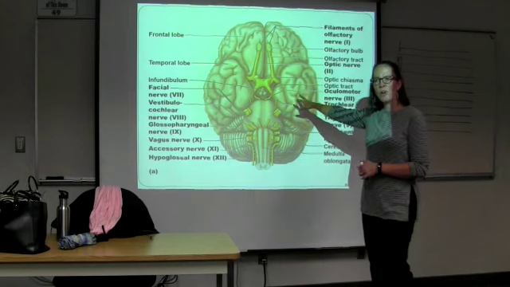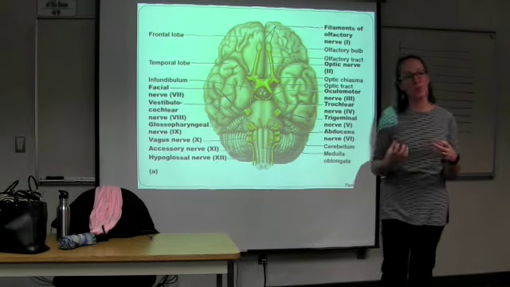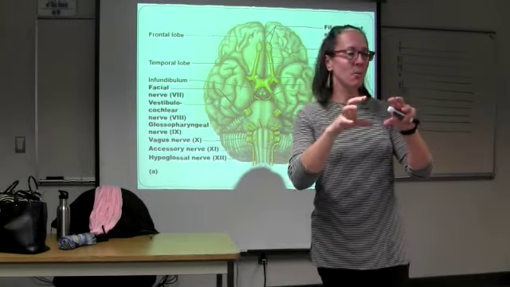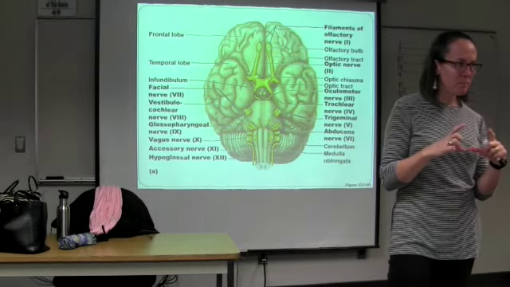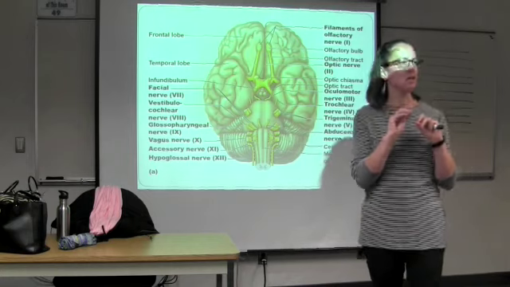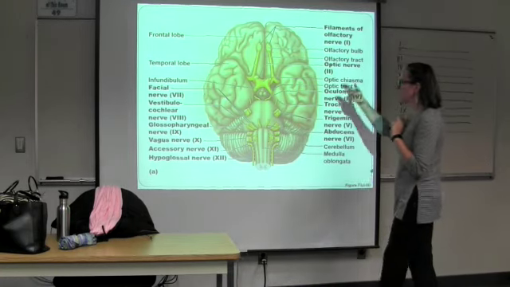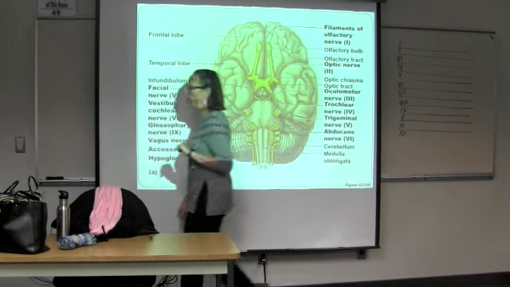What you're seeing with cranial nerves are the axons forming the nerves. The cell bodies are either in the brain or the brainstem, and then they send their axons out. Okay? Does that make sense? Okay. So here they are.